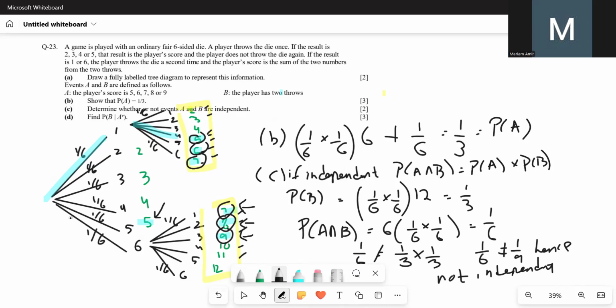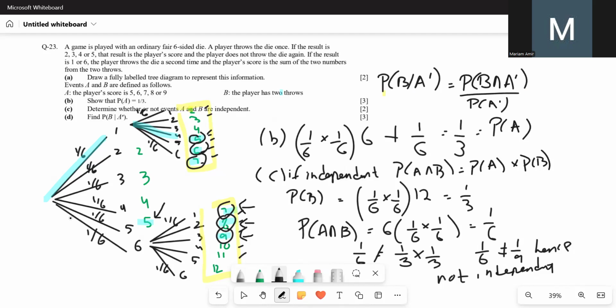Find A given B, find B given A complement. Okay, so we have to find B given A complement. That would be the probability of B and A complement, using the conditional probability formula, over the probability of A complement.